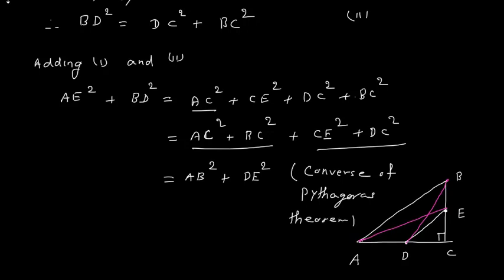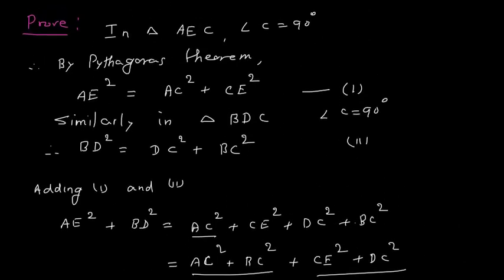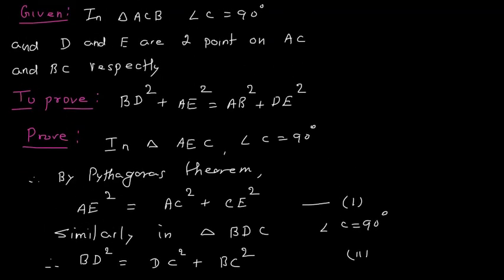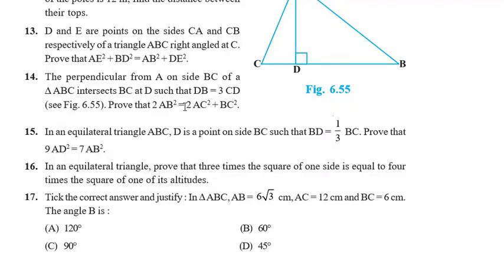Hence proved, right? Simple. So you have proved that AE square plus BD square is equals to AB square plus DE square. Simple proof. Okay, so always read the question properly, observe the diagram, see what is given, what we need to prove, and how we proceed.